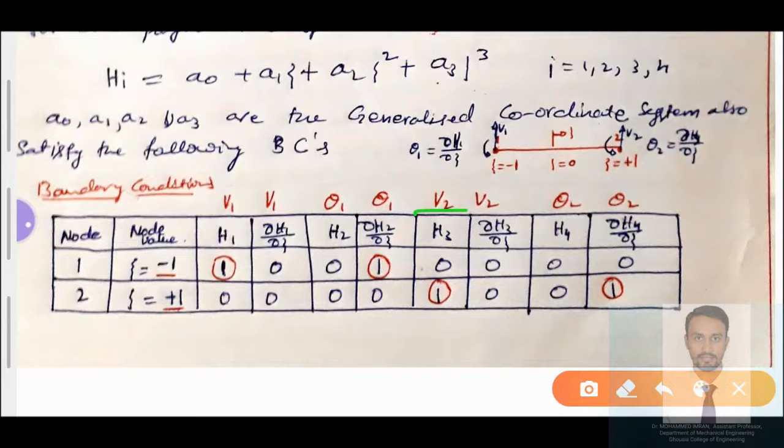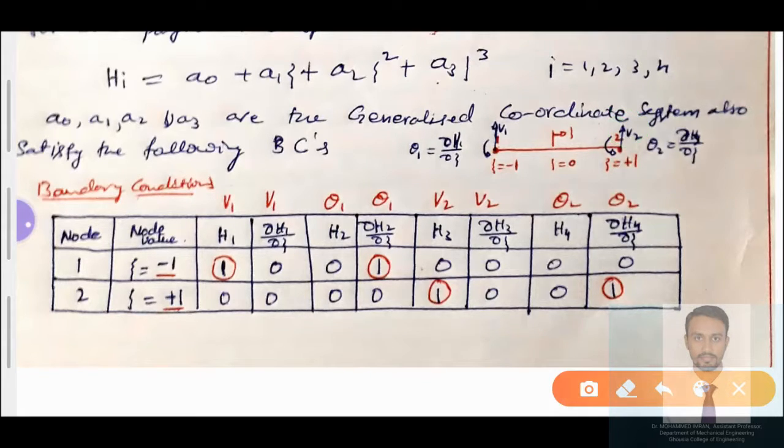We need to find the boundary condition with respect to the effect of v1 at node number 1 is equal to 0, with respect to theta 1 is equal to 0, and with respect to v2 is equal to 1 at node number 2, and then the theta 2 effect is equal to 0. Why? Because we only have a transverse displacement.